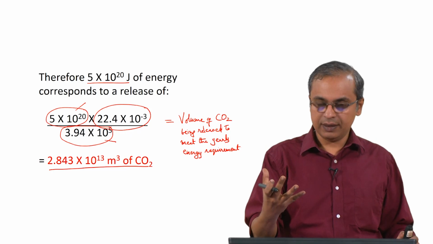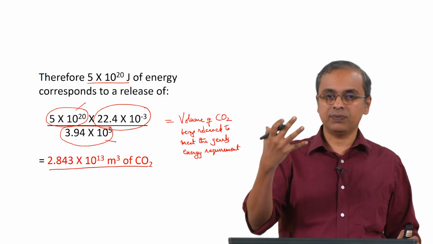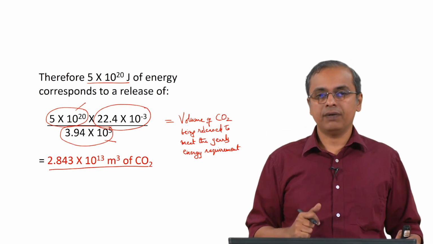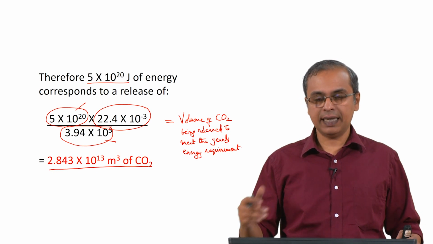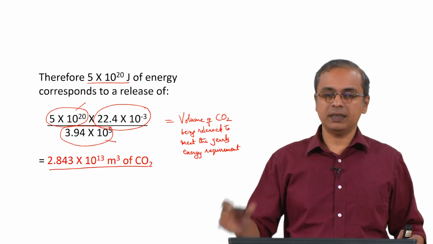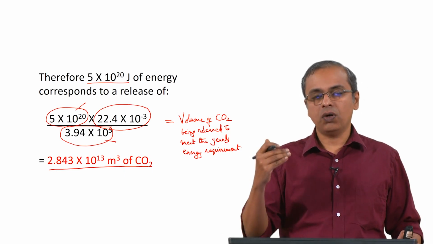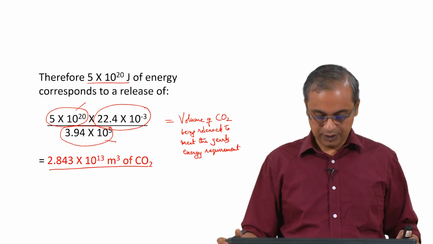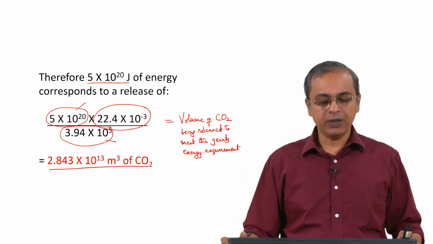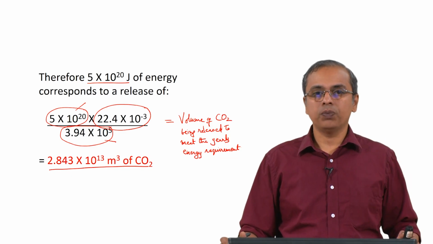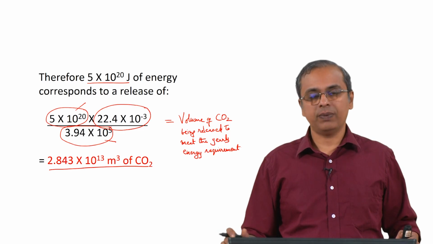We have assumed that the earth is spherical, we have assumed that all the atmosphere is only that which is within the troposphere, we have assumed that STP conditions hold for this entire thickness of atmosphere, and also that all the energy is released from carbon combustion. So, if we do that, we come up with this number of 2.843 into 10 power 13 meter cube of CO2 that is going to be released per year to meet our energy requirements.